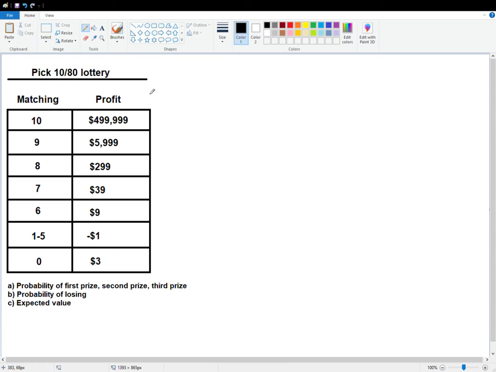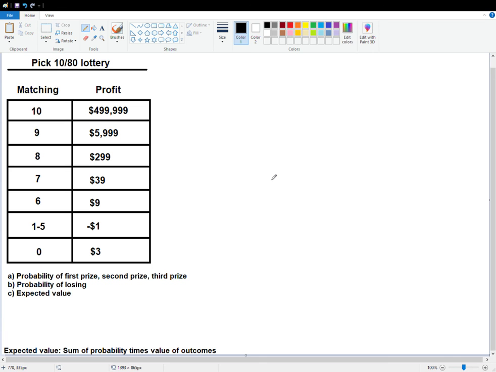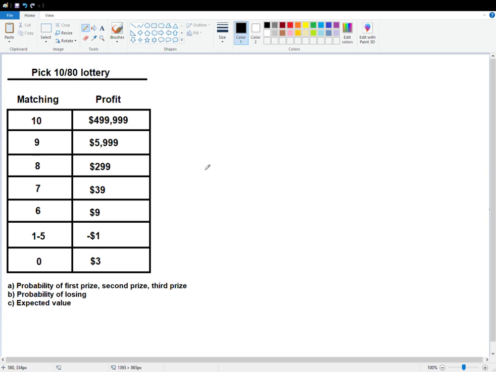Okay, so the expected value, and I made a little side note at the bottom here. What is the expected value? So expected value is the sum of probability times value of all the outcomes. So it's going to be, here are the outcomes, our matching. Here are our values, the profit, and we know the probabilities. So we are simply going to do, let's do probability first.